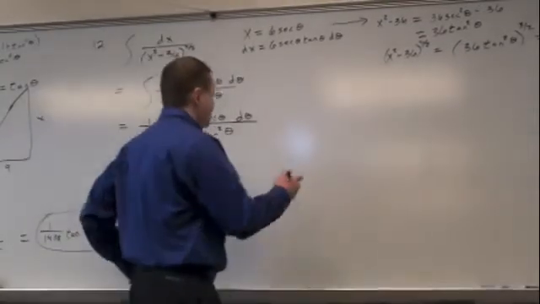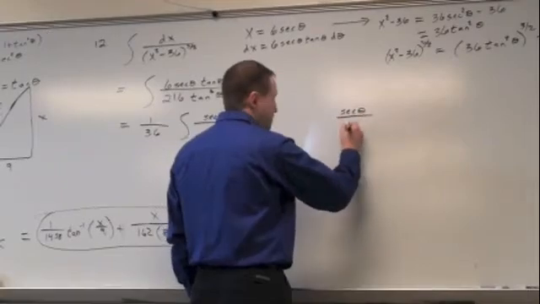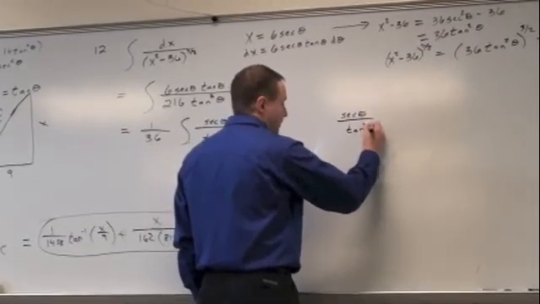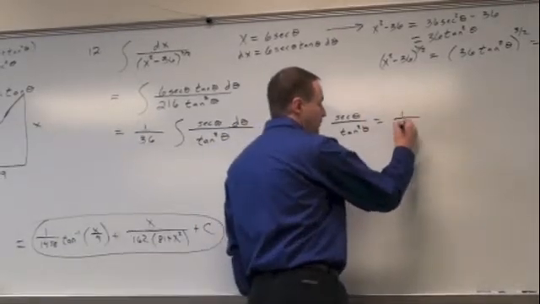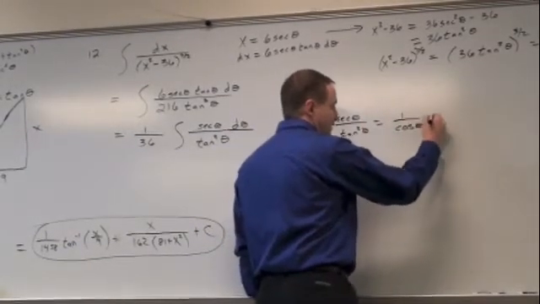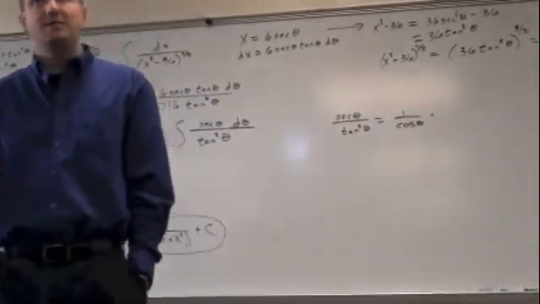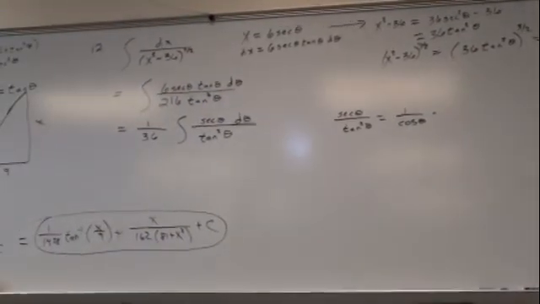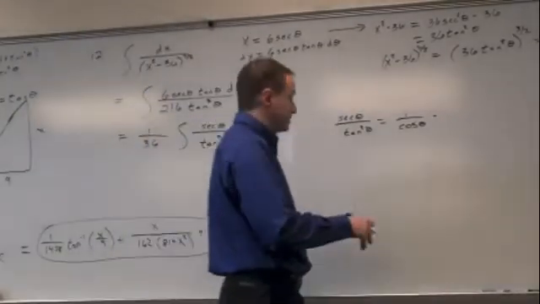So I can say, okay, I know that secant theta over tangent squared theta, this is just scrap work, trying to simplify it. This is equal to 1 over cosine theta times, well, it's being divided by tangent squared, which is sine squared over cosine squared. But if you divide by a fraction, you multiply by the reciprocal of that fraction.